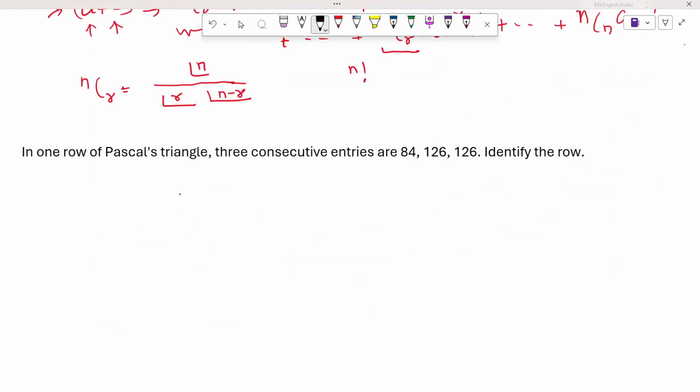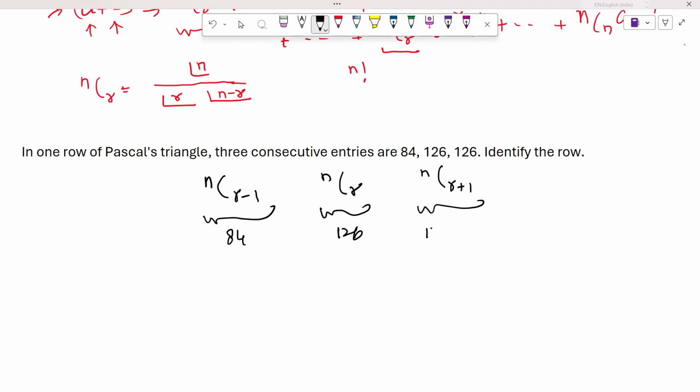So let us say the 3 consecutive entries in Pascal's triangle are NCR minus 1, NCR and NCR plus 1. Simple. Of course, its value is 84 as given in the question. Its value is 126 and its value is 126.